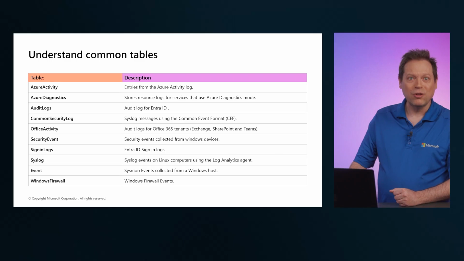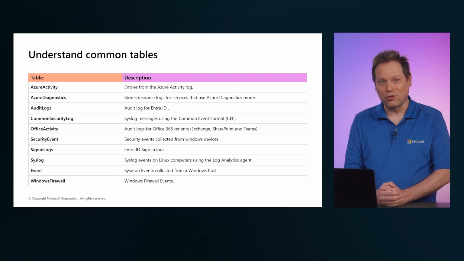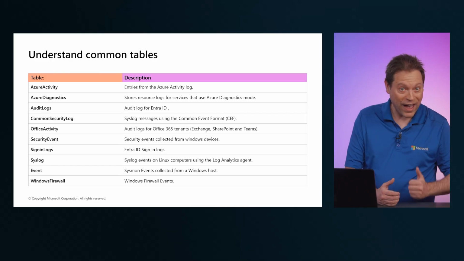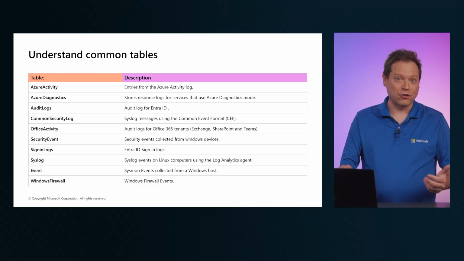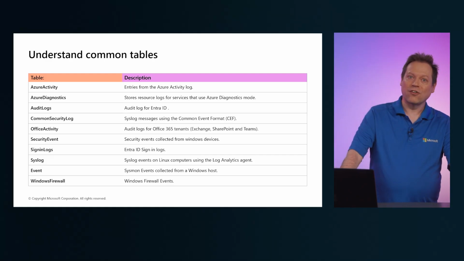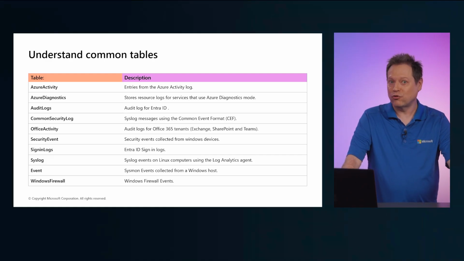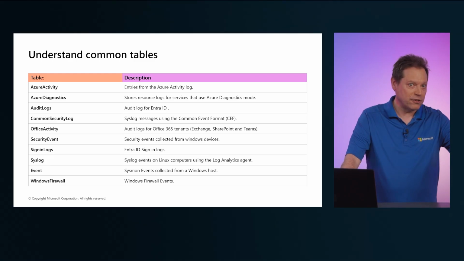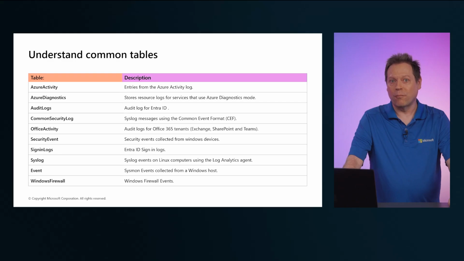Beyond those core tables, there are common tables you'll use frequently depending on what you've connected. AzureActivity contains entries from the Azure Activity Log. AzureDiagnostics stores resource logs for services that use Azure Diagnostics mode. AuditLogs is the audit log for Microsoft Entra ID.